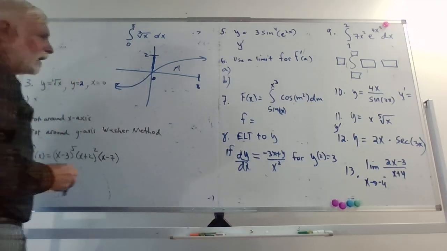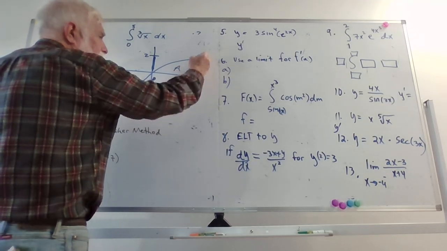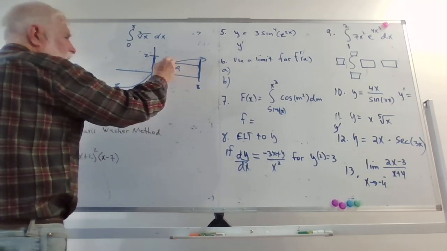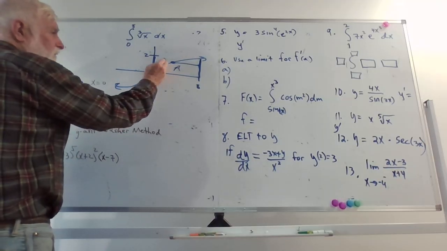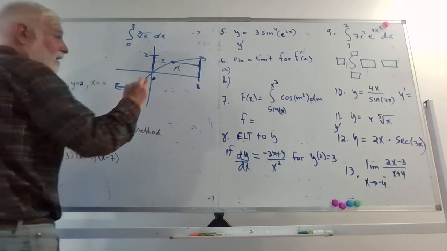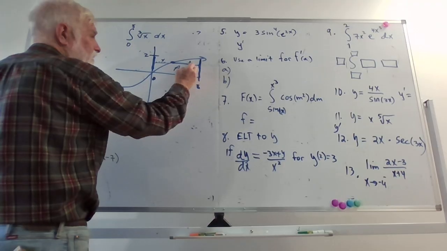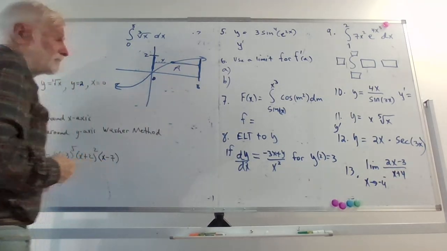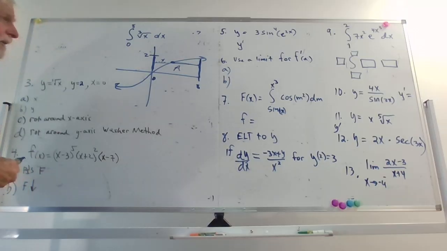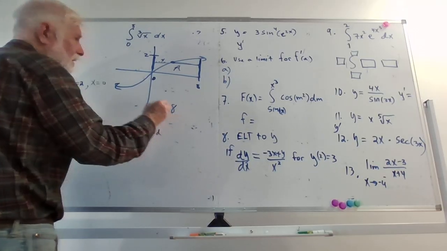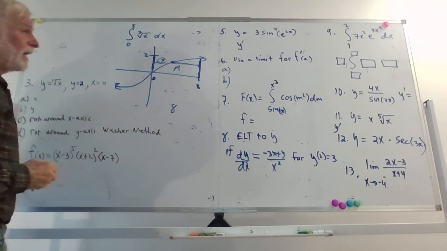Well, in terms of y, I've got to go from here over to here, which means that this x distance is being taken away from the longer x distance, in order to get me that differential. So it looks like I have to do 8 minus that x distance.